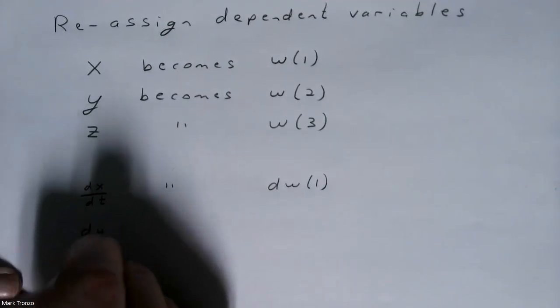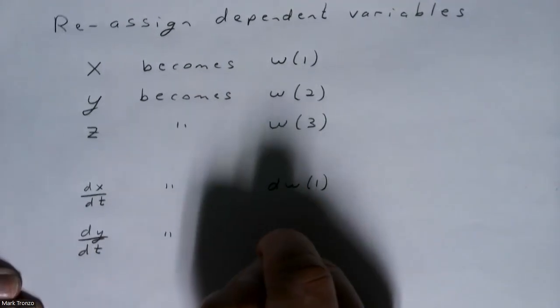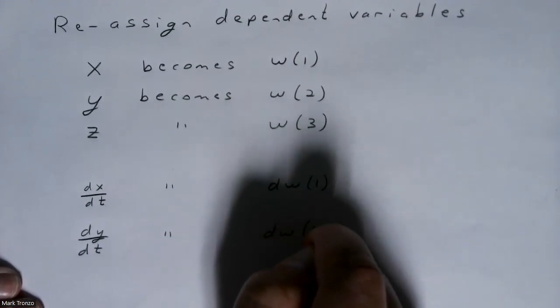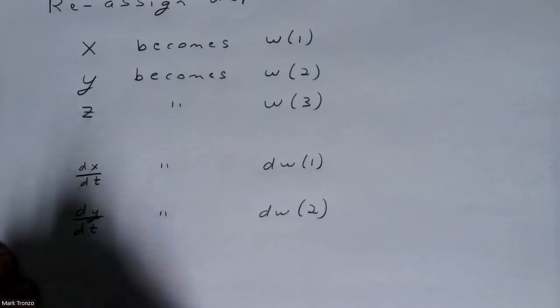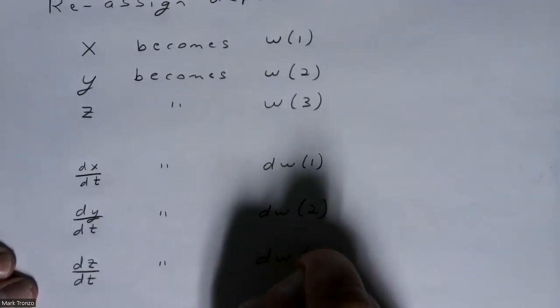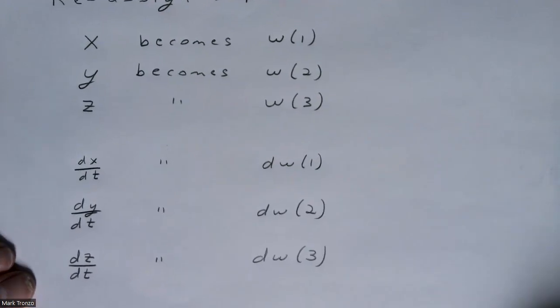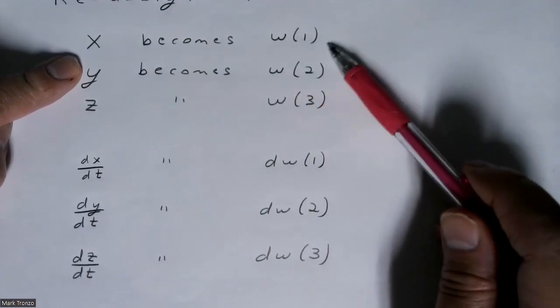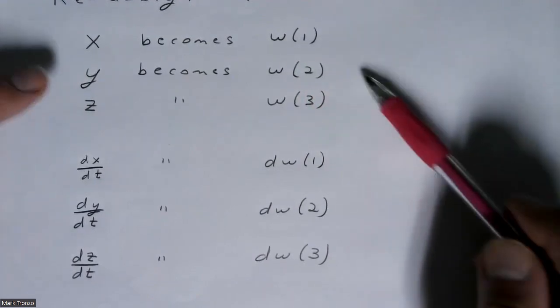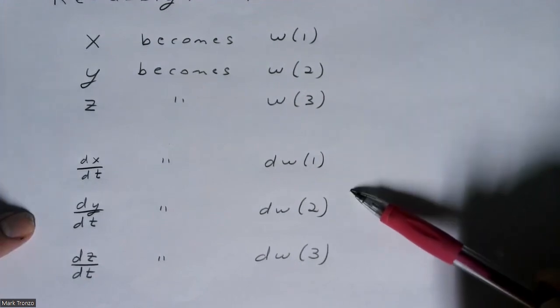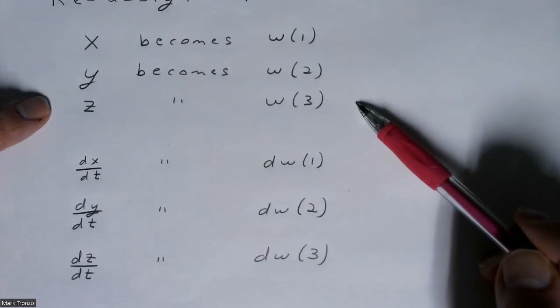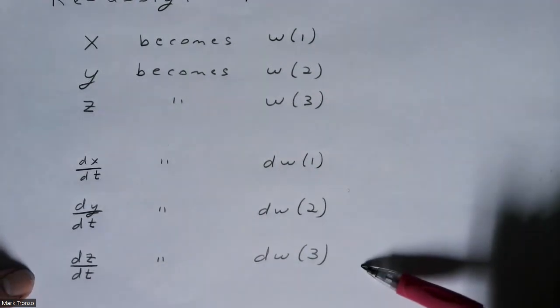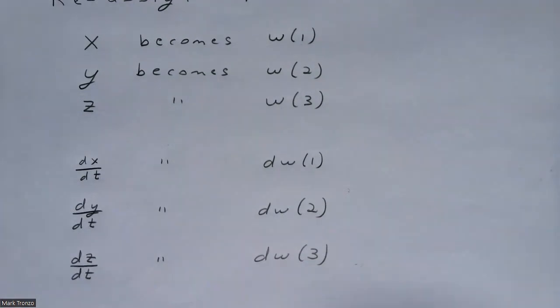Dy dt becomes dw2, and dz dt becomes dw3. So I did x was w1, then dx dt was dw1, y was w2, dy dt was dw2, and z was w3, dz dt was dw3, like that.